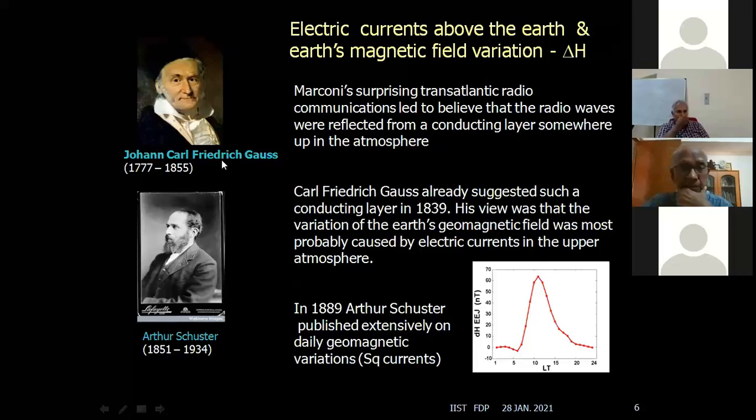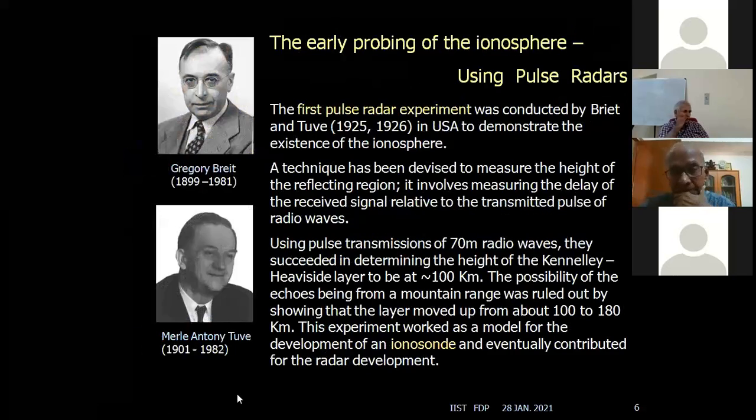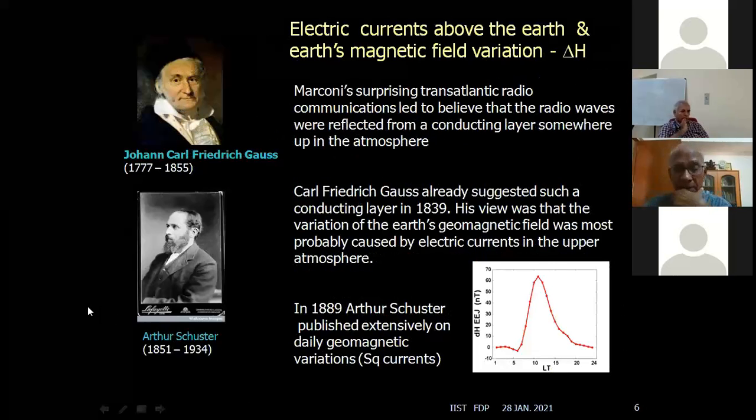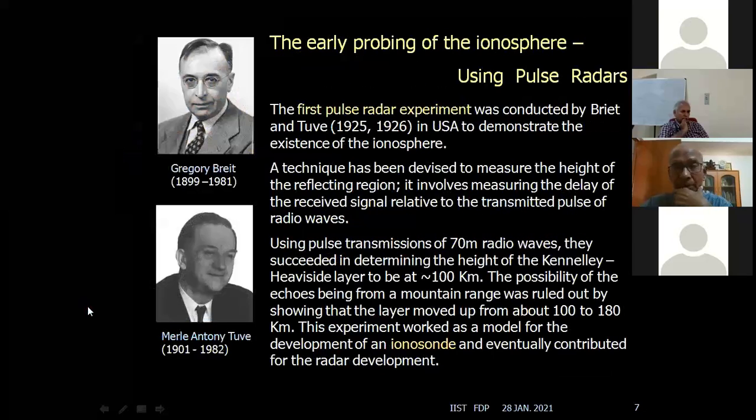This was first noted by Johannes Carl Friedrich Gauss, and many observations were made by Arthur Schuster, who established that. So those two initial experiments set the stage for the invention of the radar.